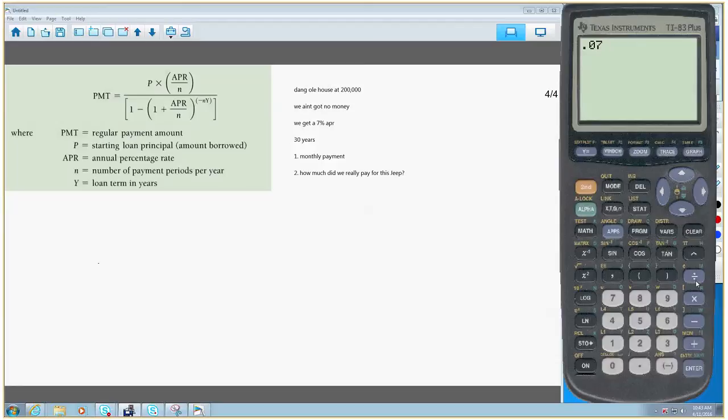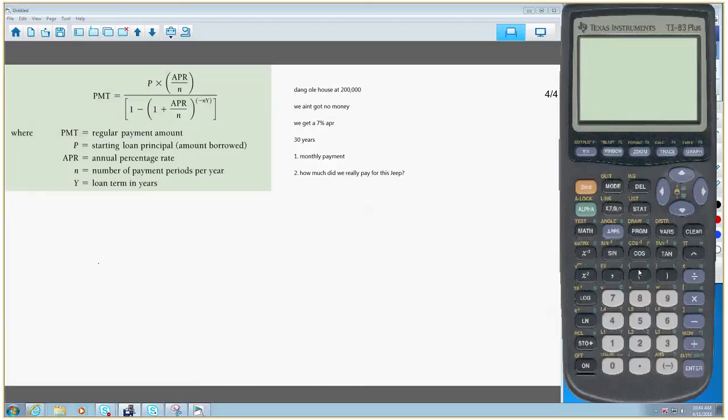0.07 divided by 12. And we're going to save that. Store, alpha F. And multiply that by 200,000. And that's our alpha numerator. Clear.